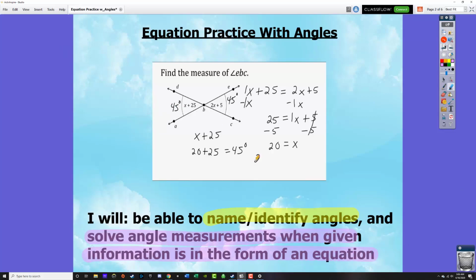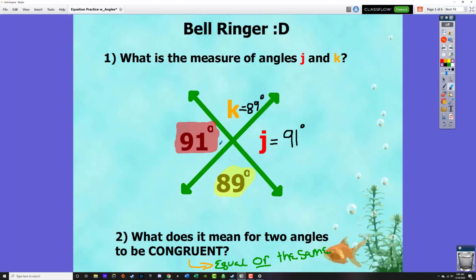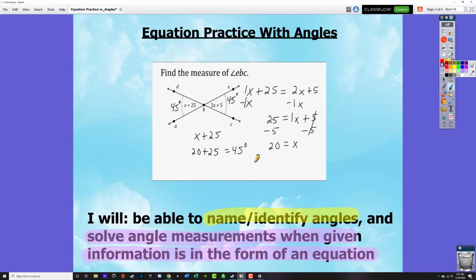So if instead of being told that this angle here is 91 degrees, it were in the form of an equation, could you solve for the angle measurement? Well, if you are good with equations, then this is a little bit more of the same.